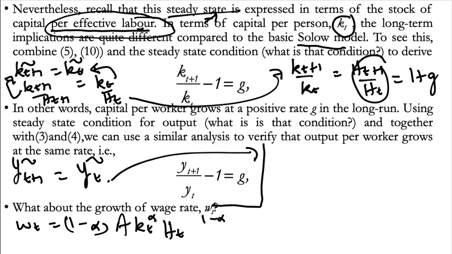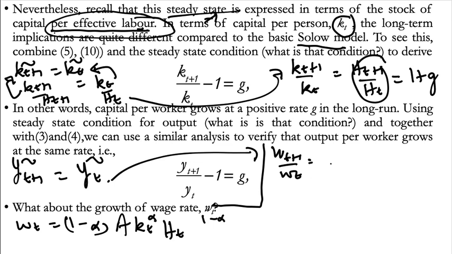But now we want to know about the growth rate of the wage rate, w_t. So how do we do it? Okay, so we have w_{t+1} over w_t, all of them small letters.